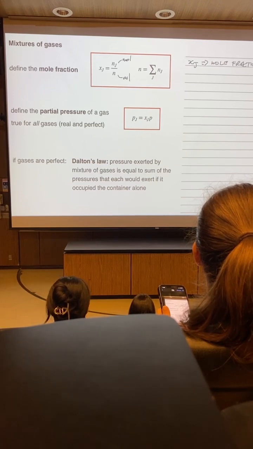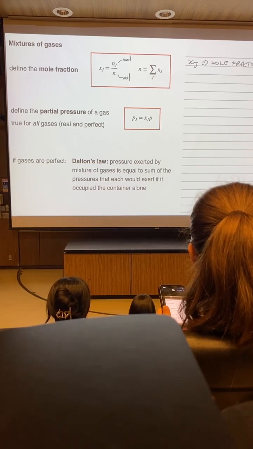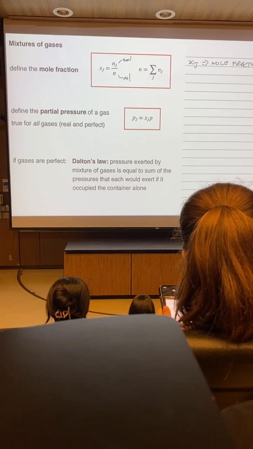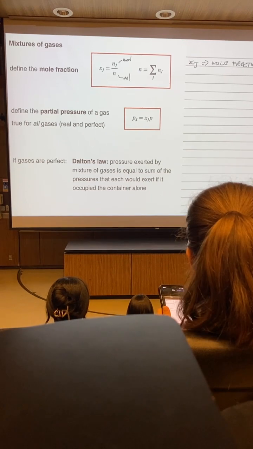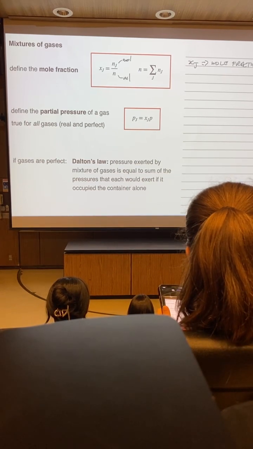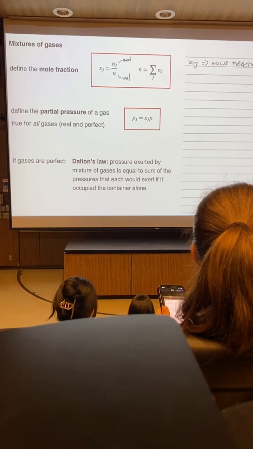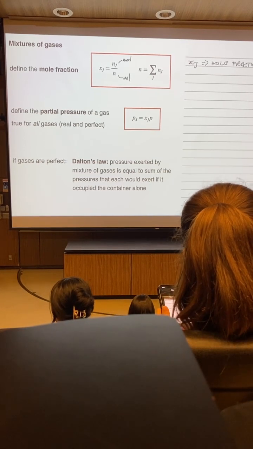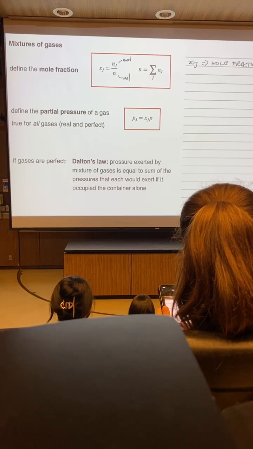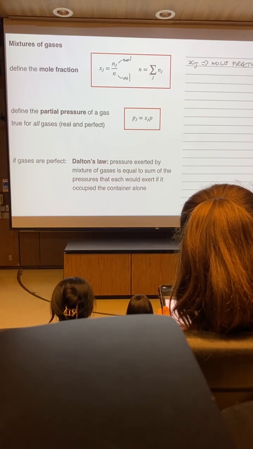It's a unitless quantity. So if a sample contained entirely one substance, X_J equals 1. If it's 50% of that substance, then X_J will be a half, and so on. And the total number of moles is just the sum of the number of moles of each substance that we have present in our system.